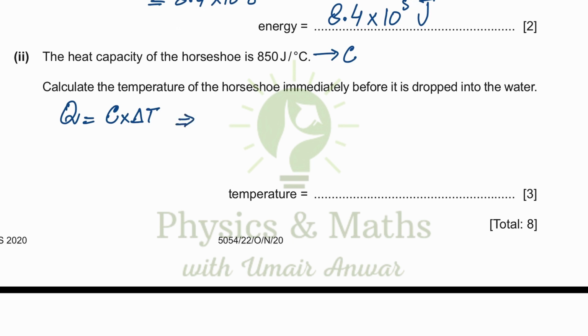Now, change in temperature would be equal to heat energy transferred divided by capital C. Now, heat energy transferred by the horseshoe or the heat energy received by the water is 8.4 into 10 raised to 5. The energy which was lost by the horseshoe was gained by the water, and it would be divided by the value of heat capacity.